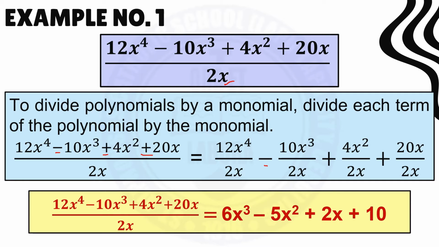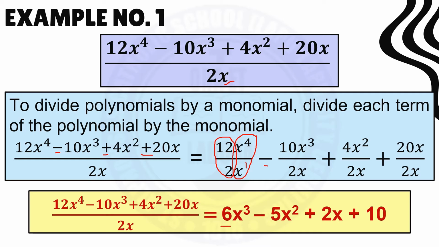So to simplify, we will be dividing the numerical coefficients 12 and 2, therefore that is 6. For the literal coefficients, we will be subtracting their exponents and copy the variable x. So in this case, there is an imaginary exponent of 1. So we have here x cubed, copy minus.